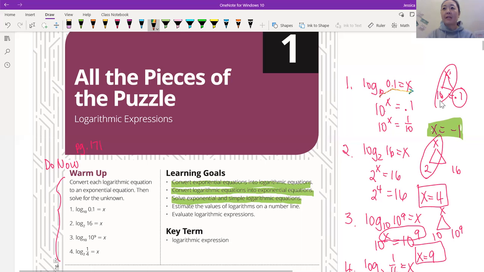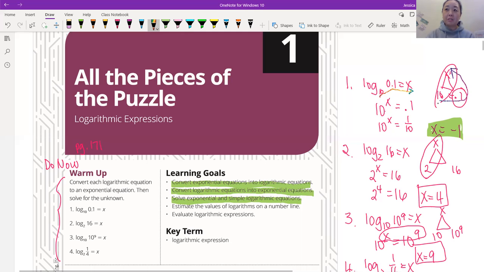That's how you're going to write it, in this counterclockwise direction. So the exponential form would be 10 to the x power is equal to .1.